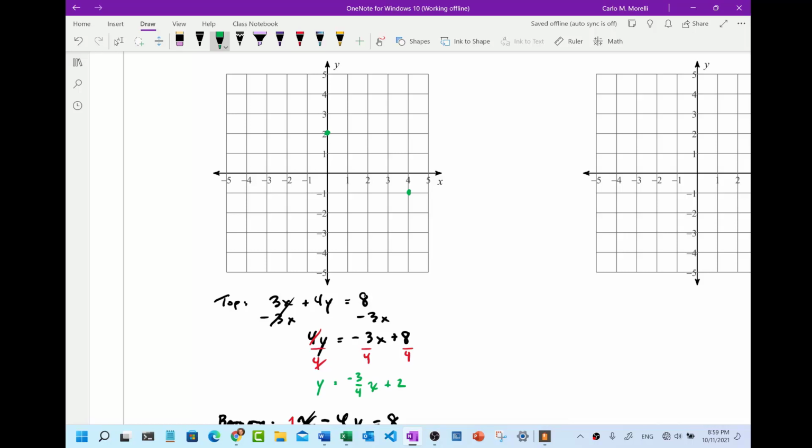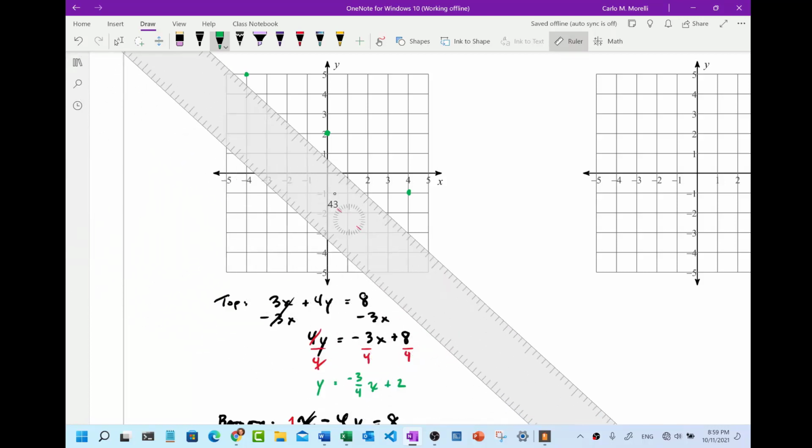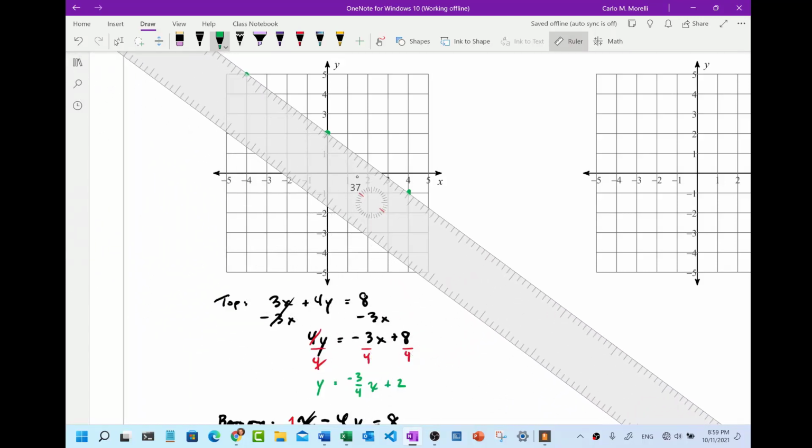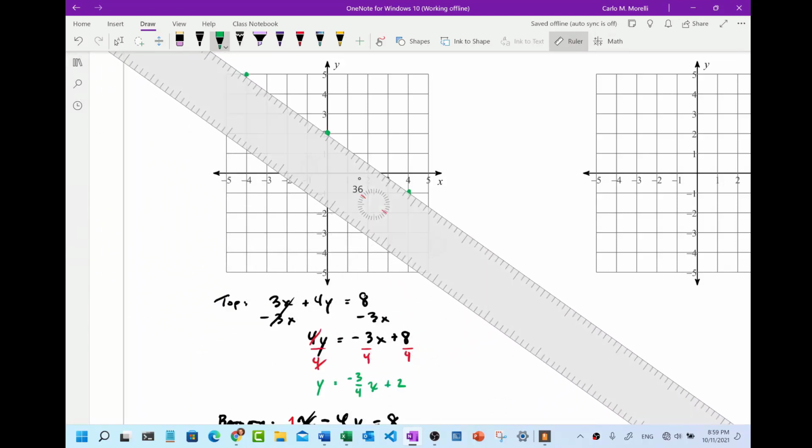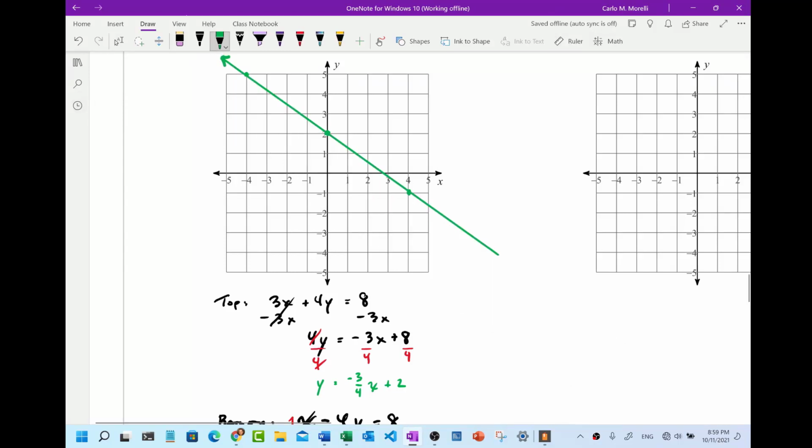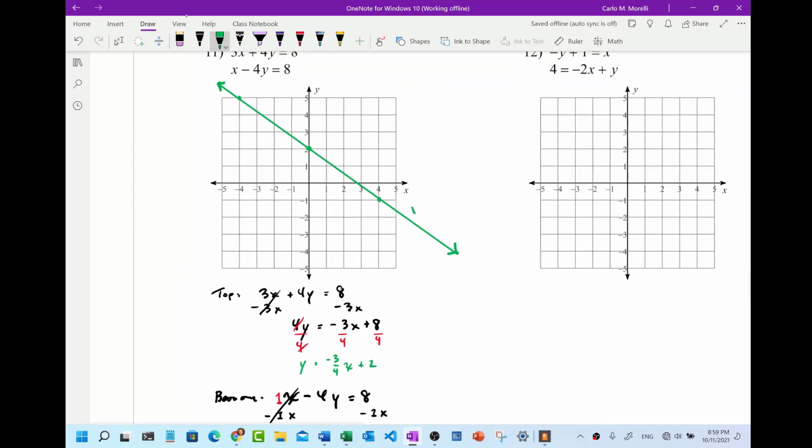We can start at the y-intercept of 2 and go up 3 over 4 as well, to get a second point. Let's all line up like that. Okay, there we go. And let's label that equation y equals negative 3 over 4x plus 2.